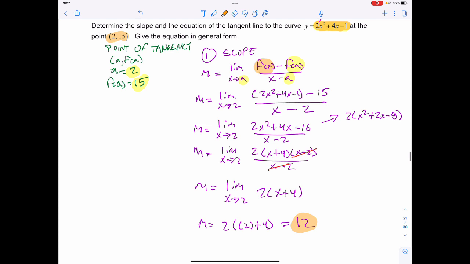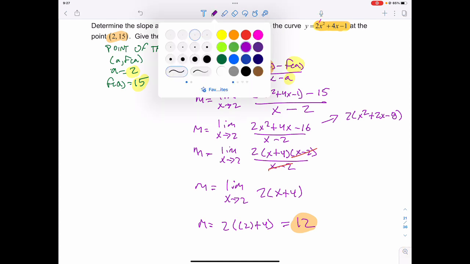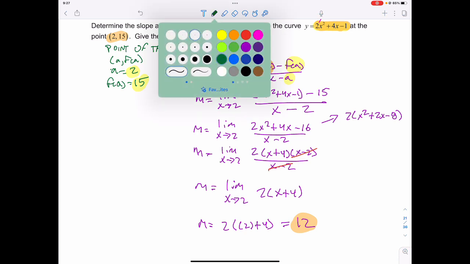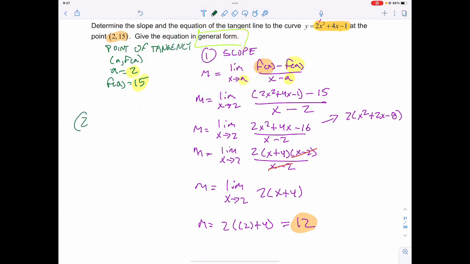The second part of the question asked us to put this into general form. So for part 2, for the equation, I'm going to use that point-slope form like we frequently do: y minus y1 is equal to m times x minus x1.